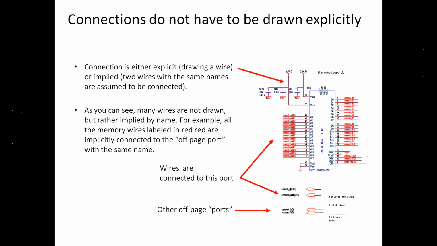Similarly, instead of wires we can use ports, or port information. You can see the net labels connected here. For example, pin number 44 is named ADD0.